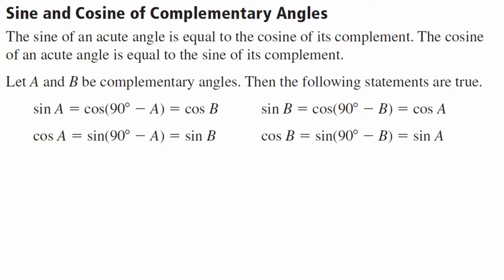Of course, that subtraction is just how we quickly find the complement. If we know one of the angles, we just subtract it from 90 degrees to find the complement.